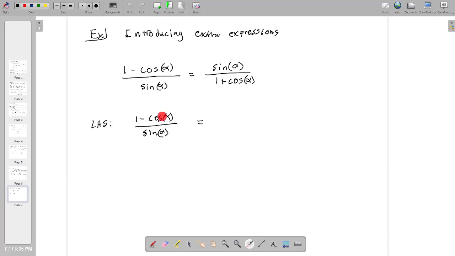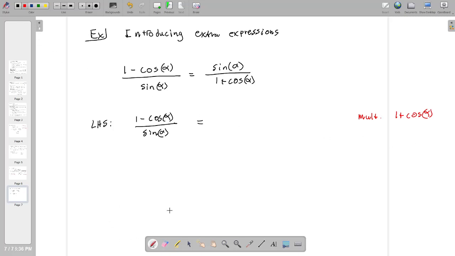Except with the sine and cosine Pythagorean identity, we always have 1 minus cosine or 1 minus sine, and we can create a difference of squares by multiplying top and bottom by the missing piece of the difference of squares. So what I'm going to do is multiply by 1 plus cosine alpha, top and bottom.